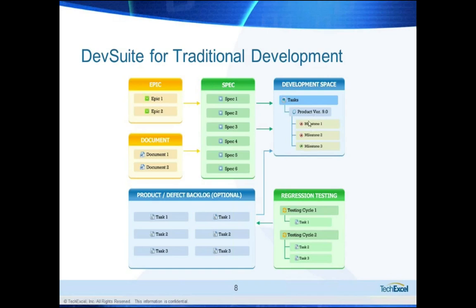As you do the implementation, testing can be integrated with your development. And the testing result as a defect could be assigned back to a milestone or could be assigned to a product defect backlog, awaiting future assignment by your development teams.